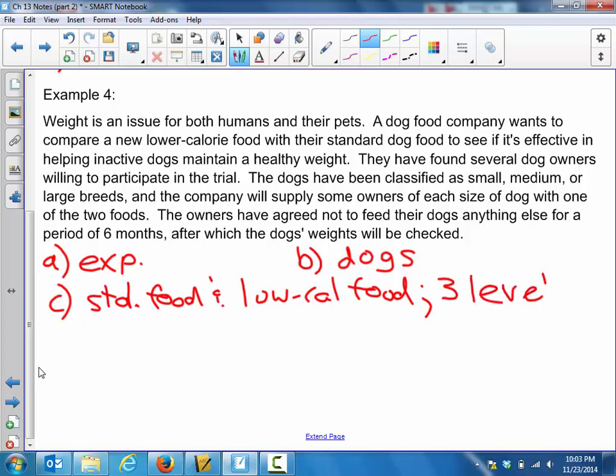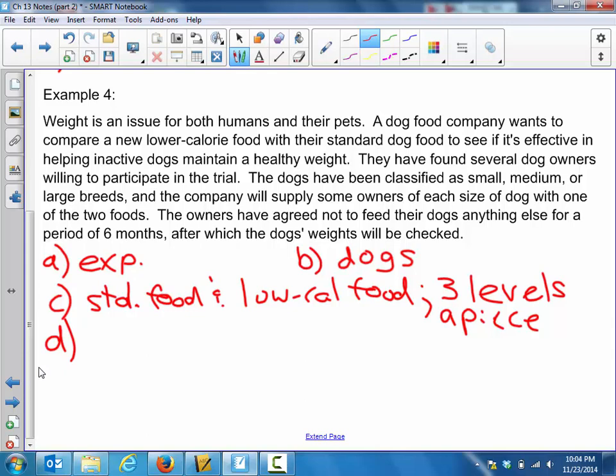So if they've got two different things they're willing to administer, the standard food or the low-cal food, there must therefore be 3 levels apiece. The levels would be small amount of food for the small dogs, medium amount of food for medium dogs, and large amount of food for the large dogs, for both standard food and low-cal food. Okay?